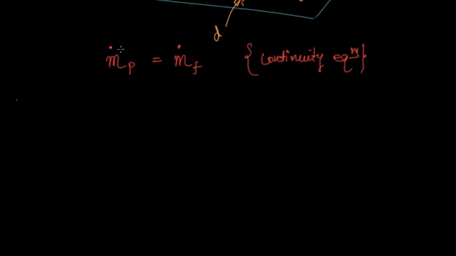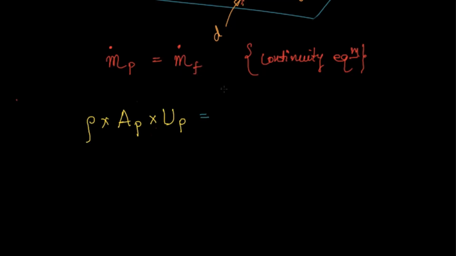Now let's calculate this value. The rate of mass displaced by the plate will be given by the density of fluid multiplied by the area of the plate multiplied by the velocity of the plate, UP. This should be equal to the rate of mass displaced between the plate and the wall through both sides.